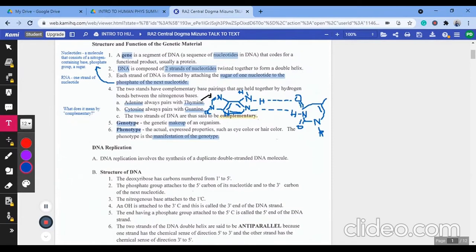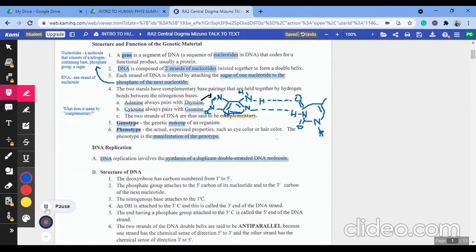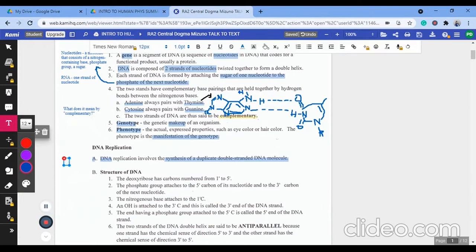Okay, so DNA replication. DNA replication involves the synthesis of a duplicate double-stranded DNA molecule. Or in other words, or at least how I interpret it, it's basically the process by which the DNA makes a copy of itself during cell division.